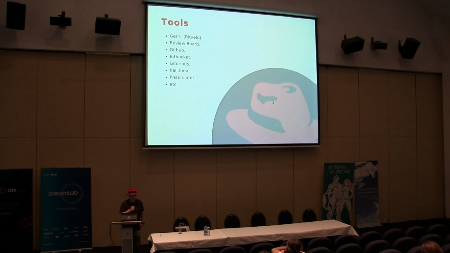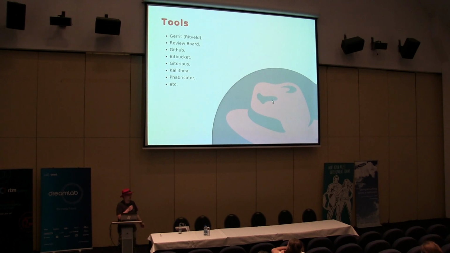There is Review Board, which I haven't used. There is obviously GitHub and Bitbucket with the pull requests, which are basically a quite nice code review system. I don't know if you noticed that you can leave comments on specific lines and on whole patches, and you can redo the patches and you can accept them and so on. So that's quite nice.